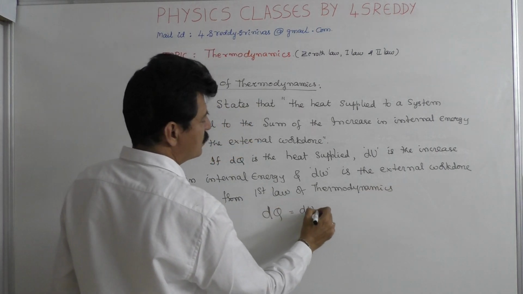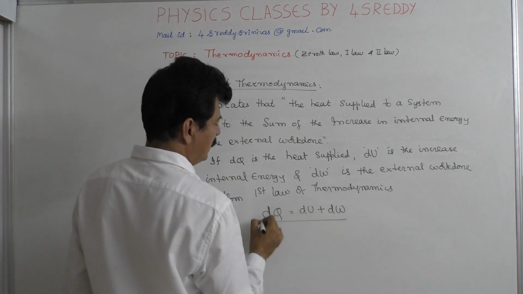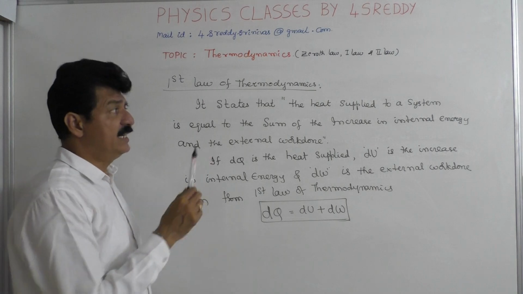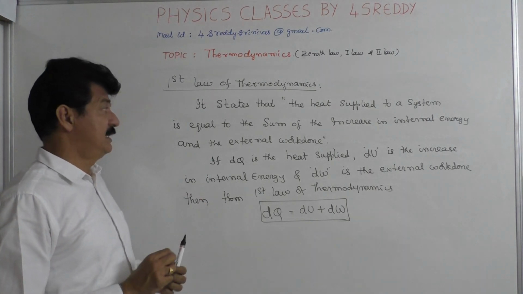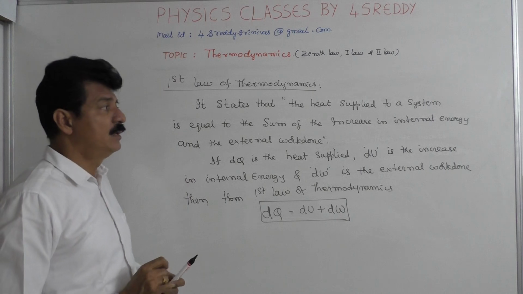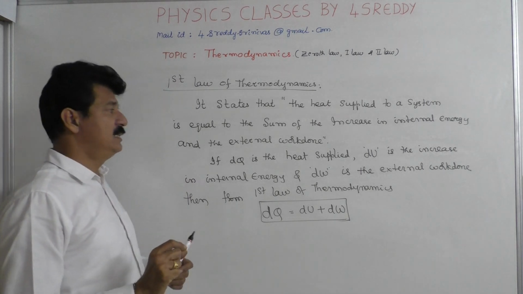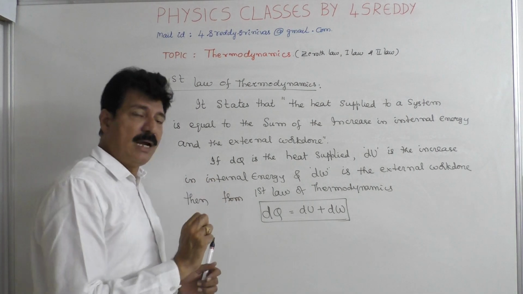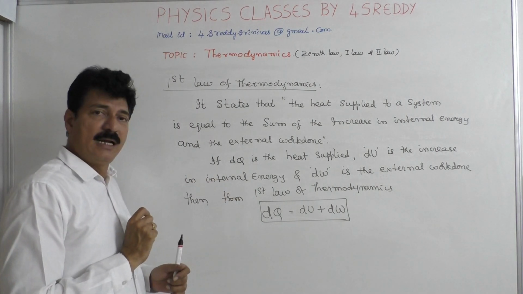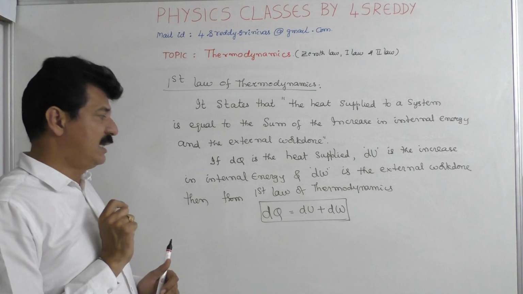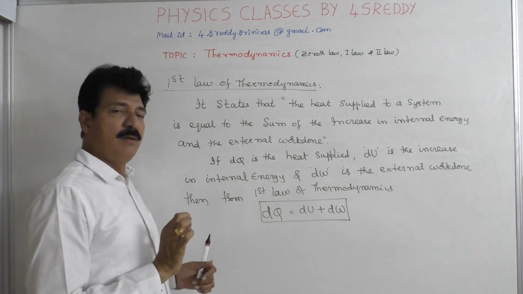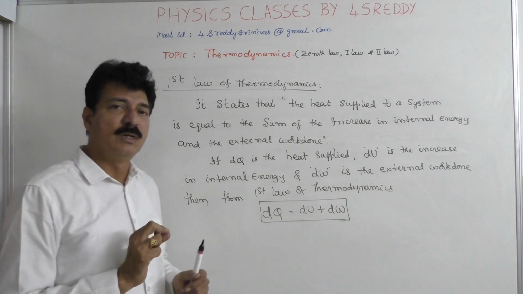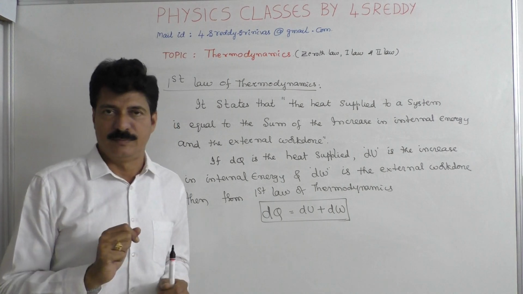If dQ is the heat supplied, dU is the increase in internal energy, and dW is the external work done, then from the first law of thermodynamics, you can always write the mathematical form dQ is equal to dU plus dW. This is the first law of thermodynamics.